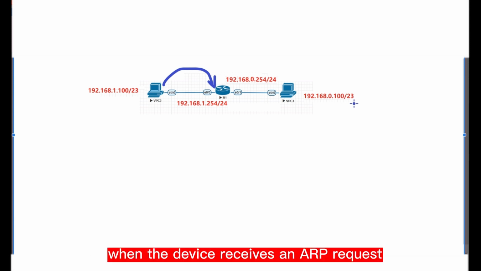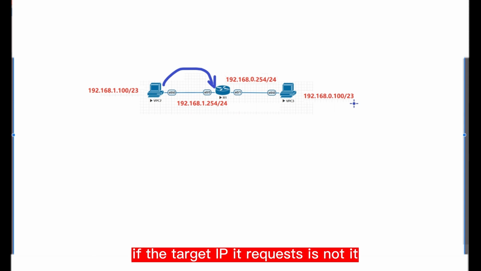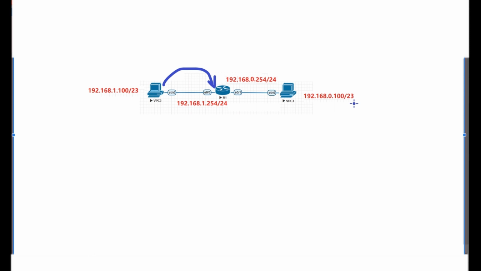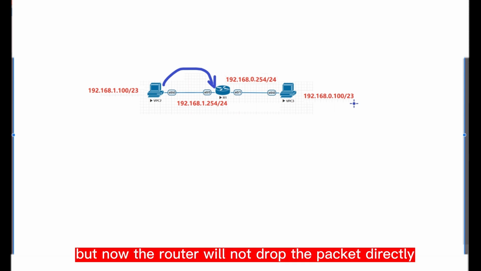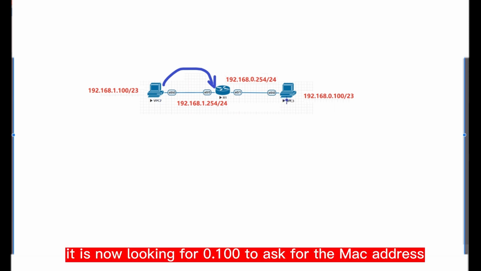When a device receives an ARP request, if the target IP it requests is not its own, it simply drops the packet. But now the router will not drop the packet directly. As long as the ARP proxy is enabled on this interface, it will look at who the message is looking for.